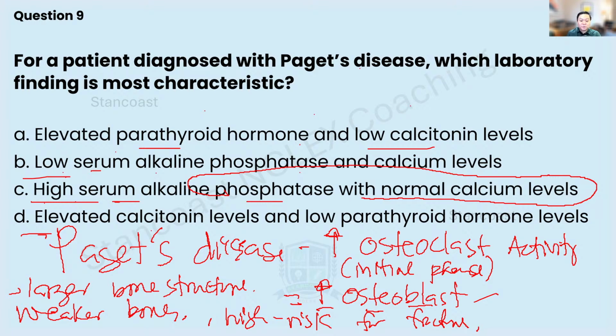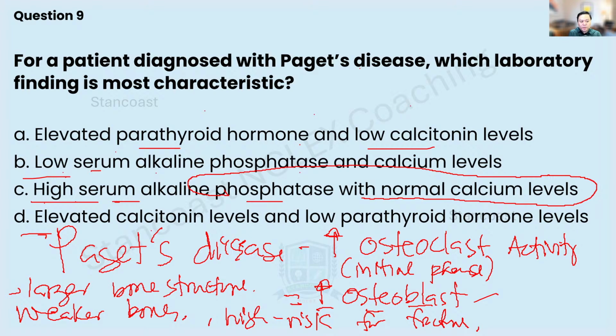And the reason for that is that the patient around this time has already developed that bone remodeling, okay? Again, the alkaline phosphatase is increased because they already have that bone remodeling, okay?